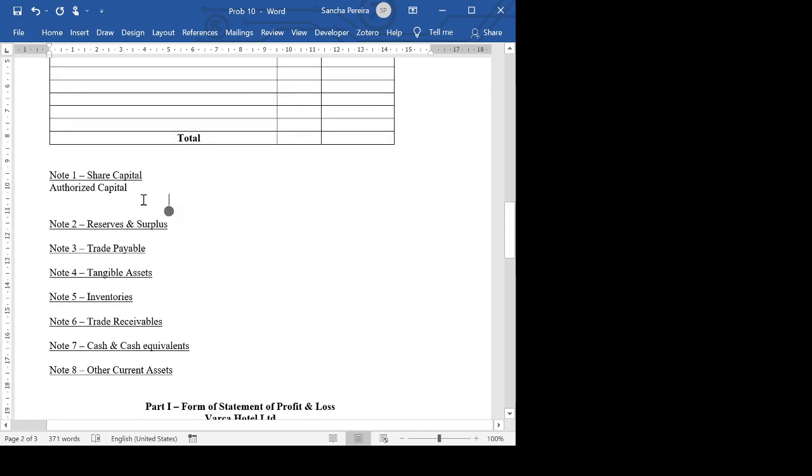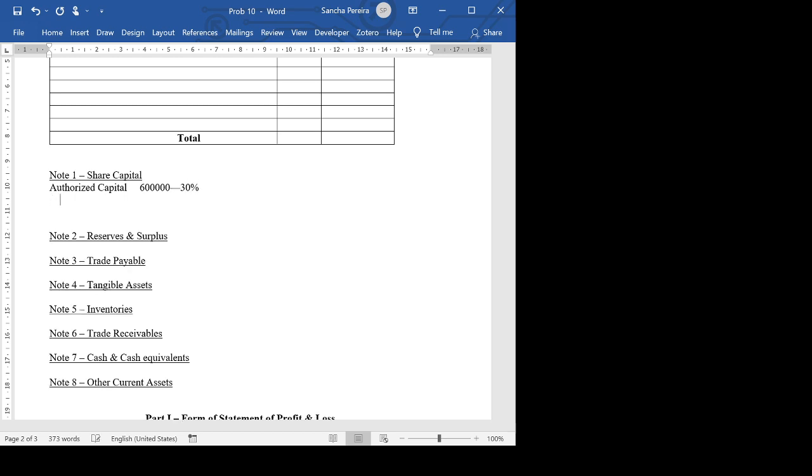We can do a small note here. This is just a working note. 6 lakhs is for 30%. For 100%, it is how much?